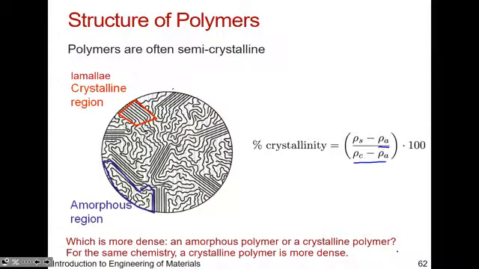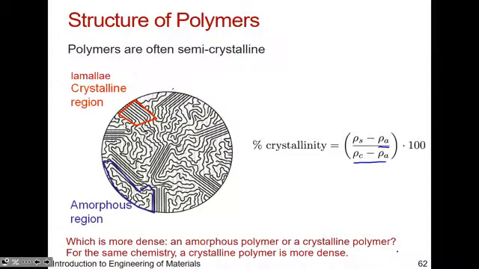So when I say it's really hard to get 100% crystalline, if your material is 100% crystalline, that will be your density. And then the density when it's completely amorphous. Basically what can happen is you can get really close to 100% crystalline and really 100% amorphous. So that would be the difference.